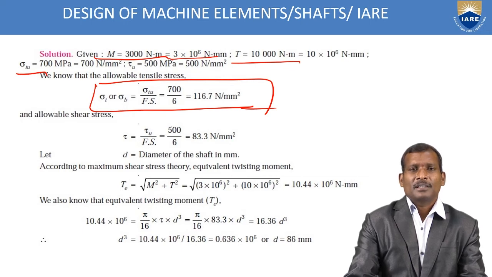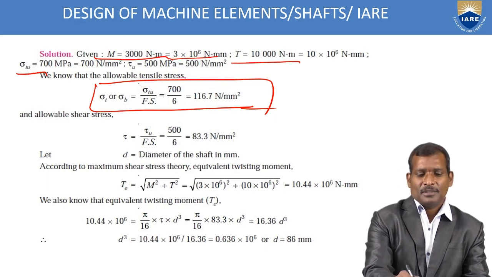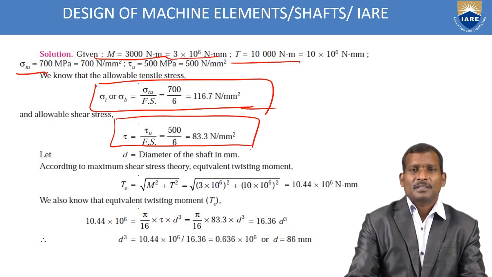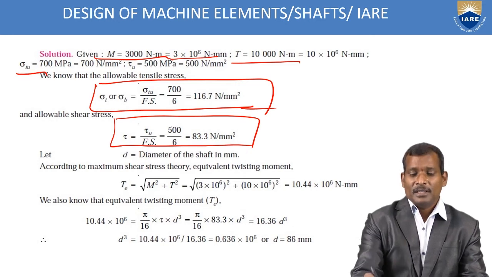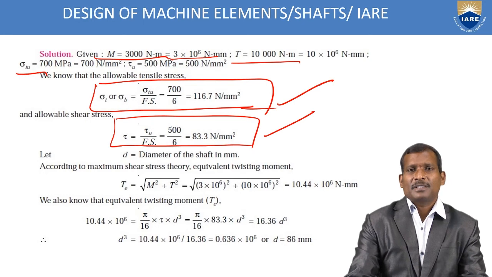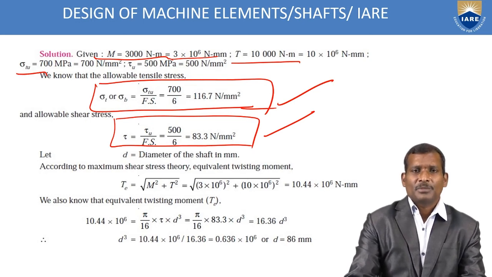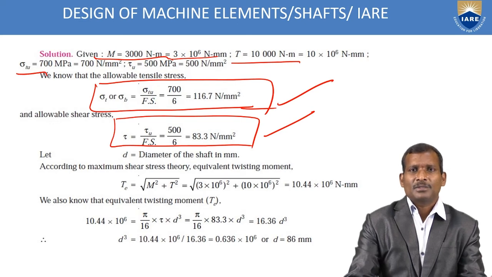You will get the permissible or allowable tensile stress. Similarly, allowable shear stress is equal to ultimate shear stress by factor of safety. Already we have studied these two things in the basics of shafts and in the basics of design.